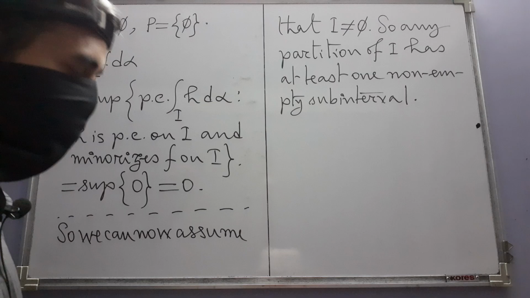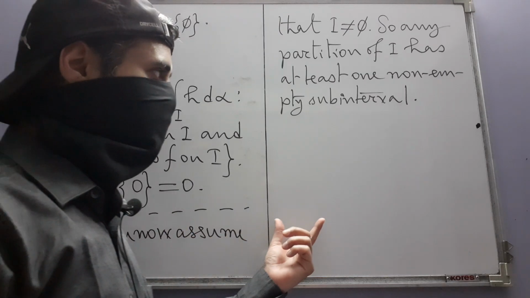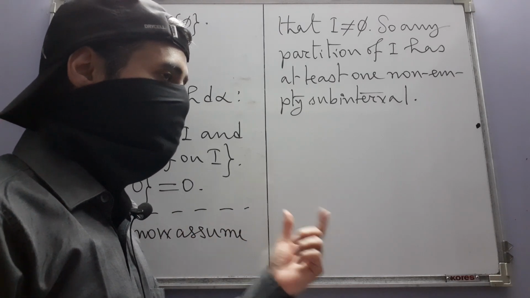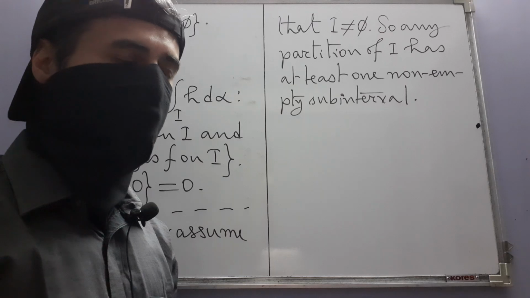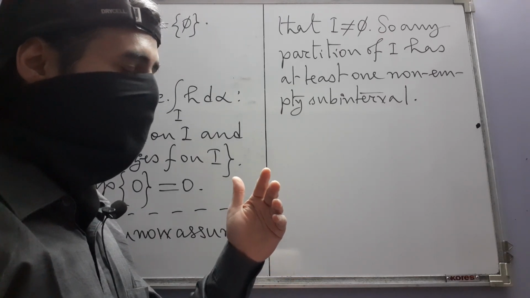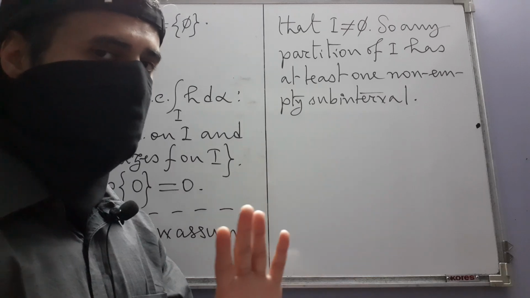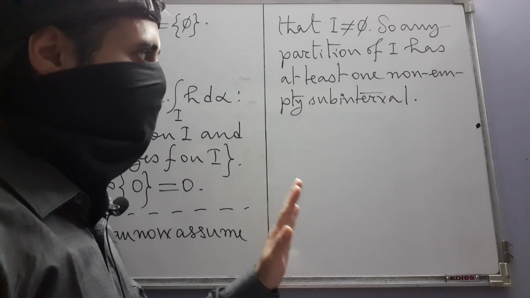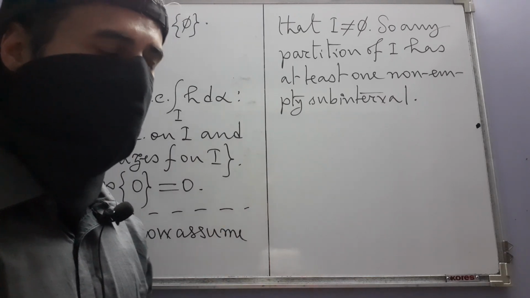Now, if you go to the proof of the actual theorem 1151, you will see that cases have been considered. That is, first, degenerate intervals have been considered separately, and then non-degenerate intervals have been considered.